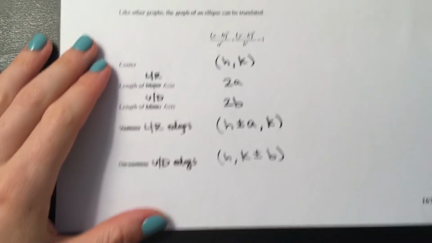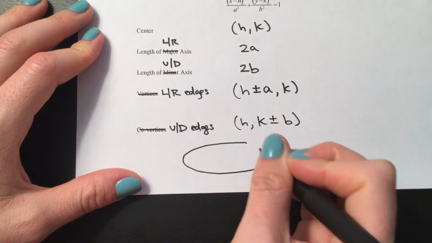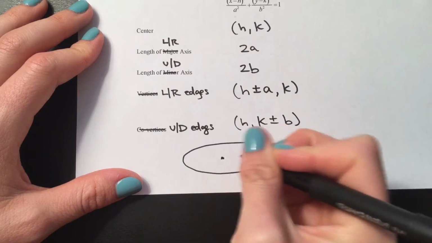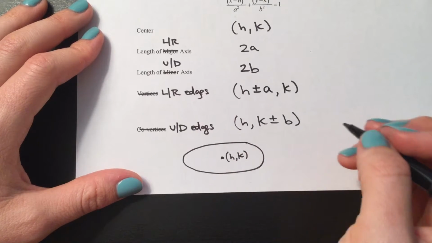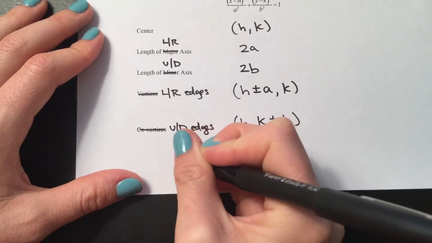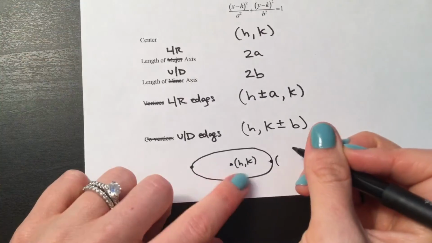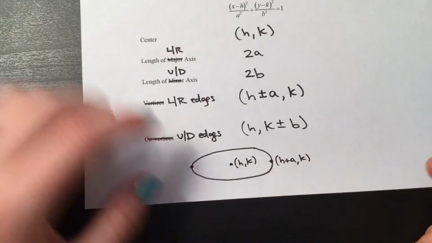Okay, so let me give you just a quick sketch just so you see what I'm talking about here. It could be centered anywhere you want. This is the center. This is h comma k. And then we're going a units left and right. So if I go a units to the right, a units to the left, this is whatever h was plus a, but then the y value doesn't change.